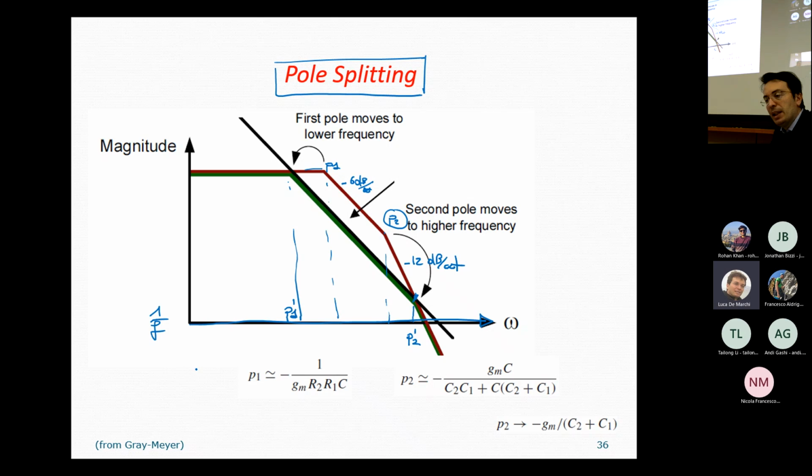Okay, this is the design task. Okay, starting from the specification, find the value of the transistor which meets these specifications. Okay, to do so, let's jump back to the whiteboard.